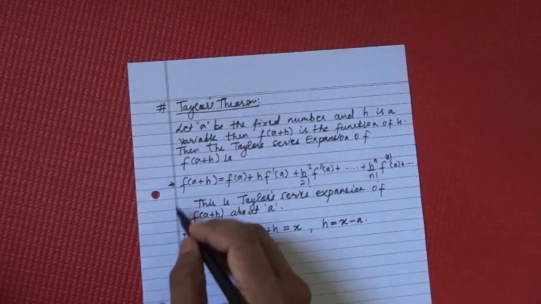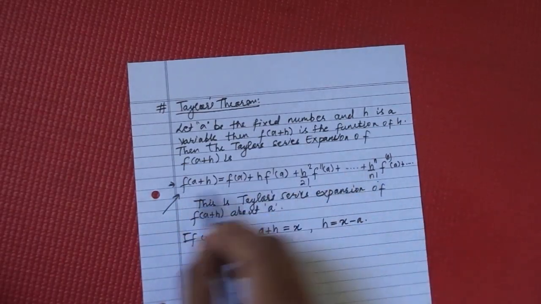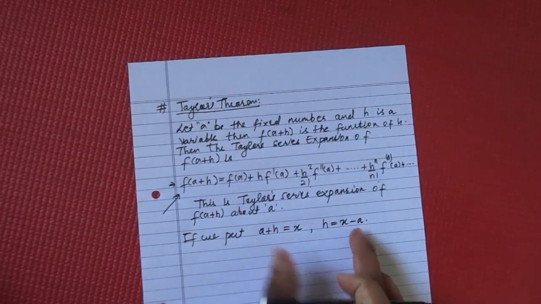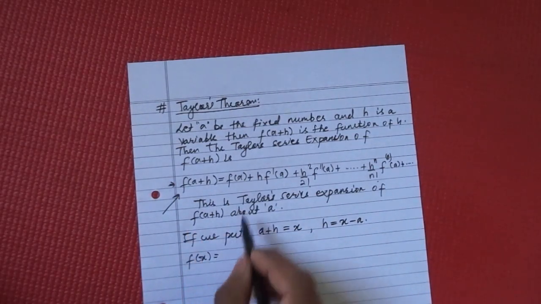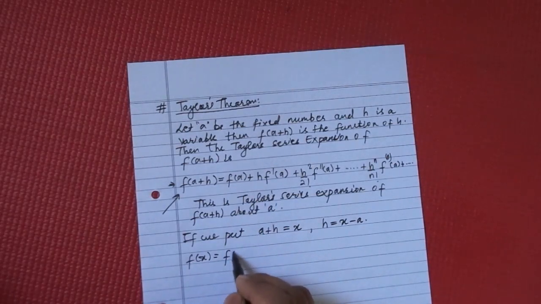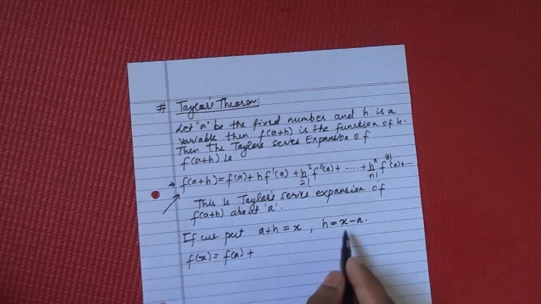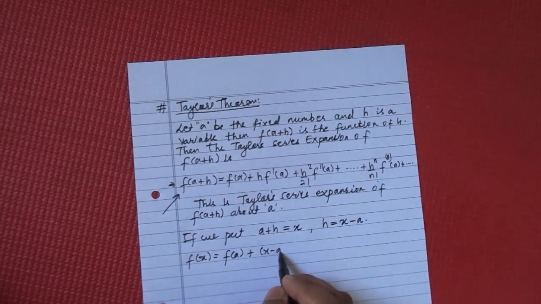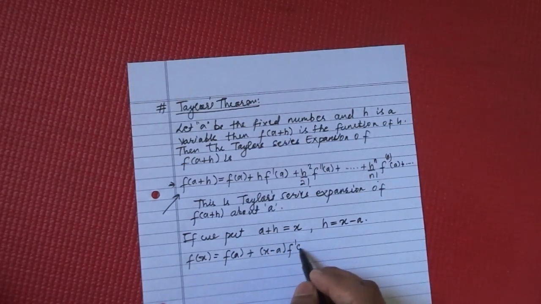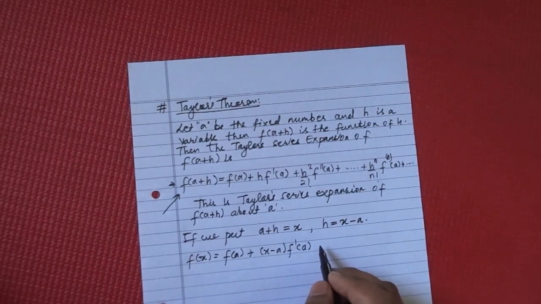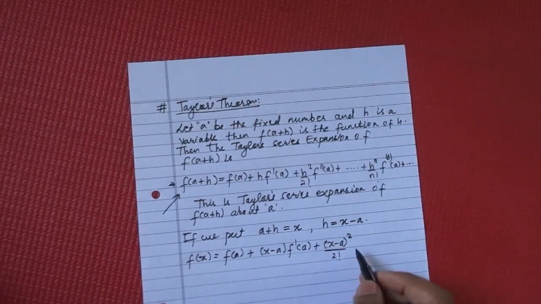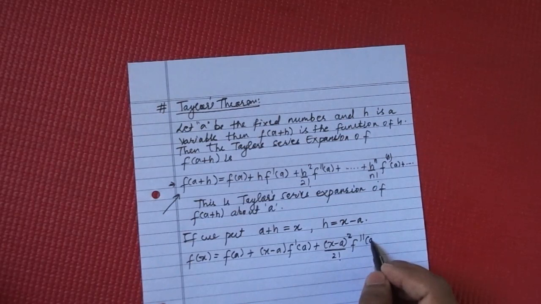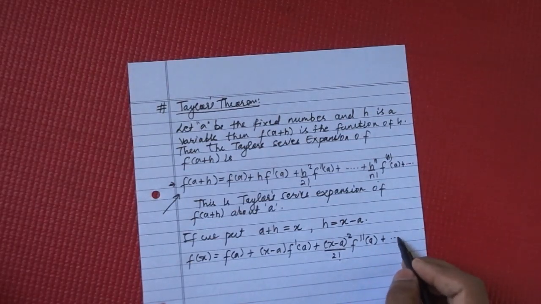So the above equation with this substitution becomes f of x is equal to f of a as it is, plus x minus a into first derivative of f at a plus x minus a whole square upon 2 factorial f double dash at a, and so on.